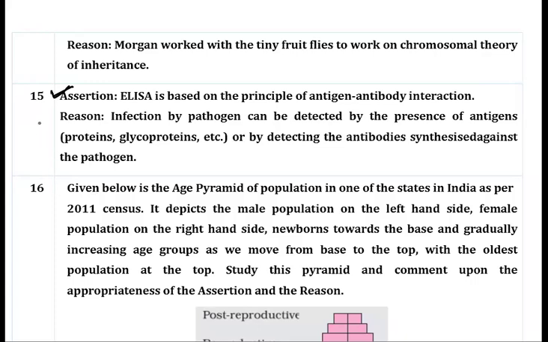Yes, this is also true, and it is the correct explanation. The principle is explained here, on what principle ELISA is working. So both are correct, and in this case the answer should be the A. That means both assertion and reason are correct, and the reason is the correct explanation of the assertion.